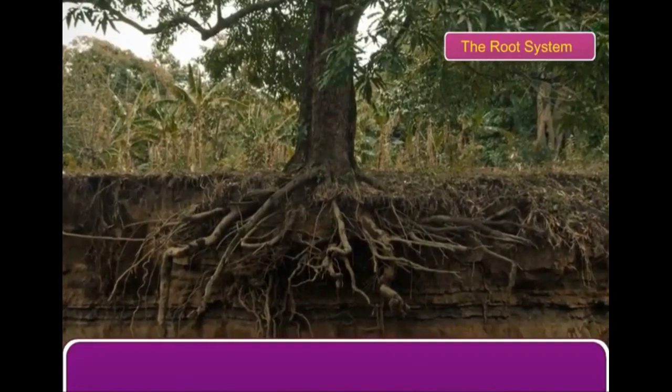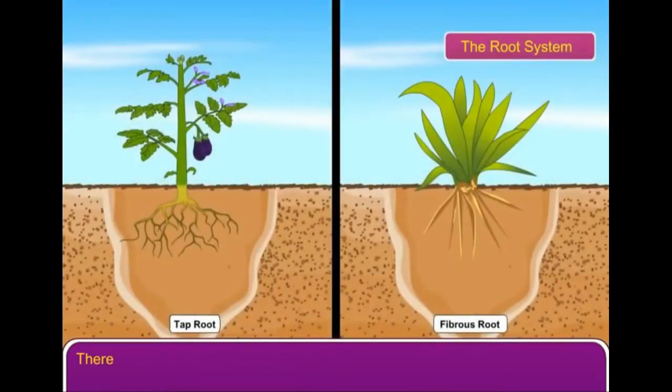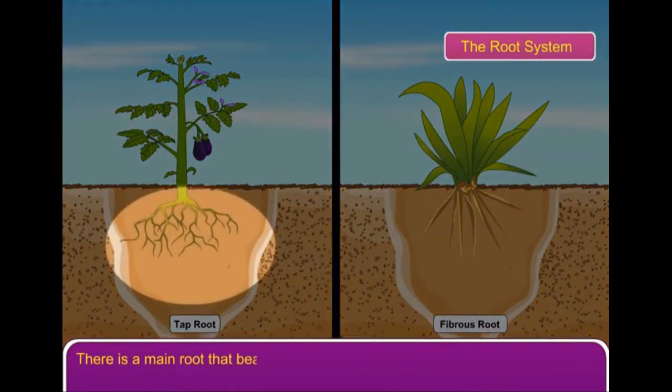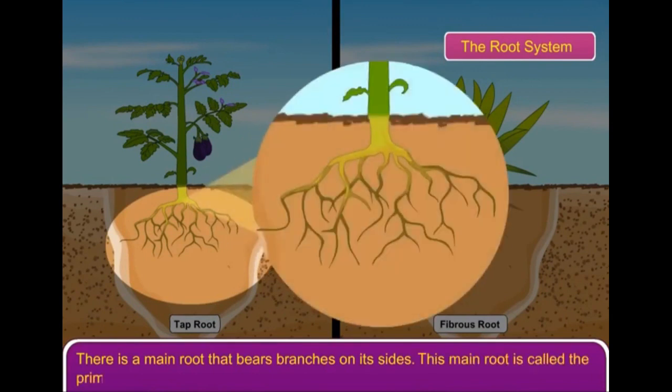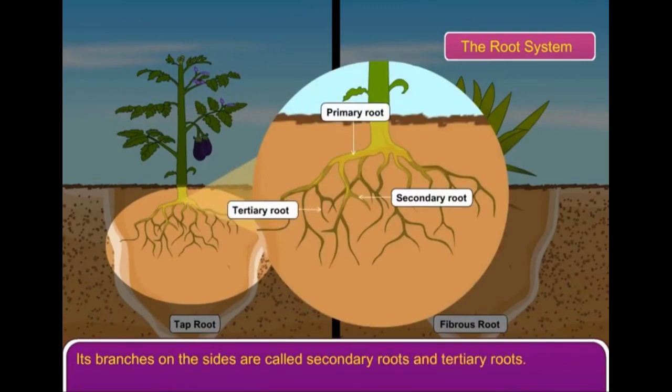The root system. Roots of the plants lie inside the soil. There are two types of root systems: taproot system and fibrous root system. Observe the roots of a brinjal plant. There is a main root that bears branches on its sides. This main root is called the primary root. Its branches on the sides are called secondary roots and tertiary roots.